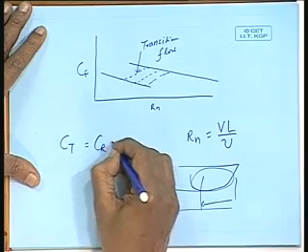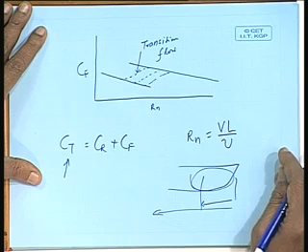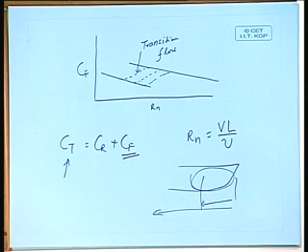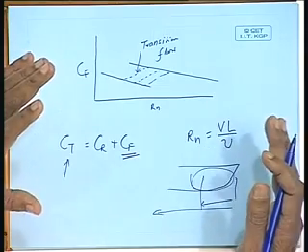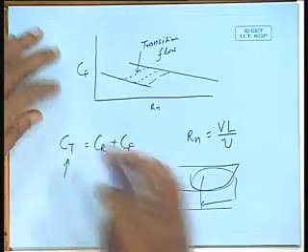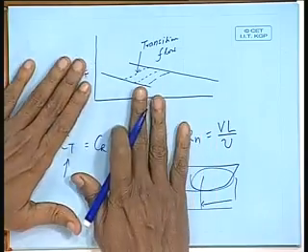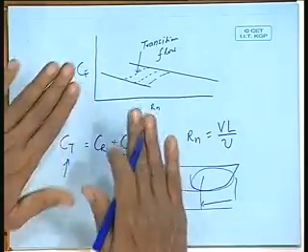Am I clear? We have said CT equal to CR plus CF. Now, if CT is less because of presence of laminar flow, this CF we are calculating on the basis of the ITTC line, which is turbulent flow. So, this CR will be less. So, when we extrapolate to ship, we use a less CR than actually what the ship should have. So, we will be under predicting resistance, which is not at all desirable. You can over predict a little bit, but you cannot under predict.